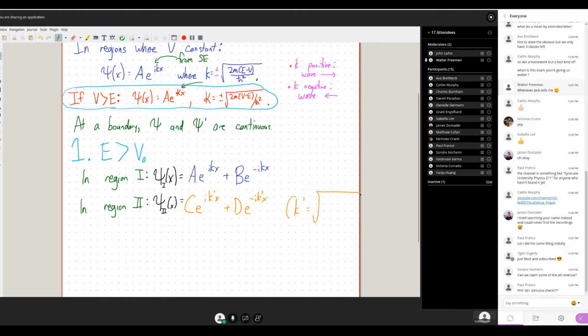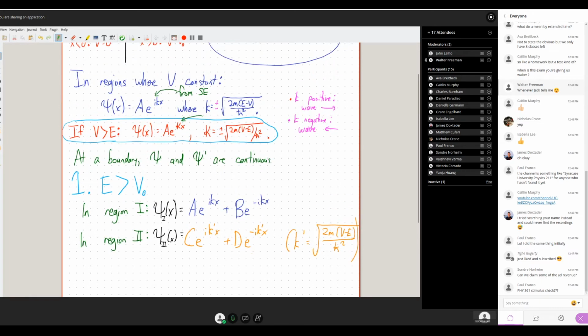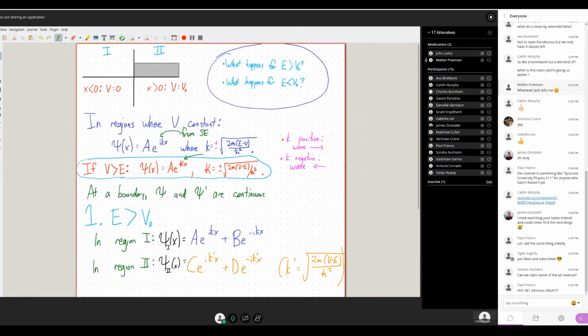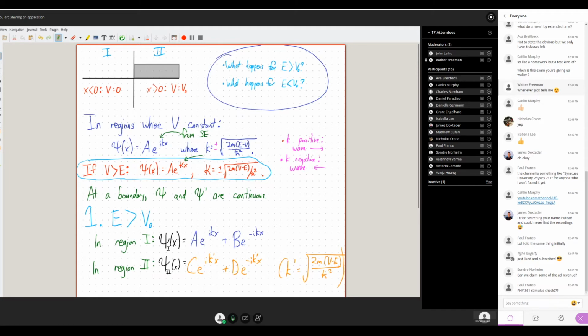I've just got two different k's, with V minus E over h bar squared. So now I've got four unknowns, A, B, C, and D, and I need to think about what they all represent.